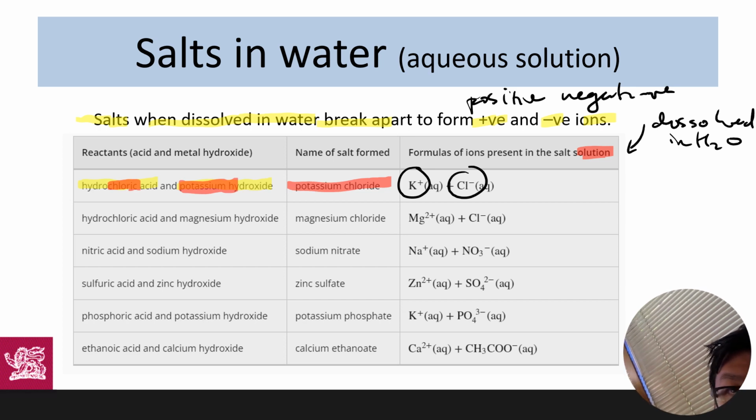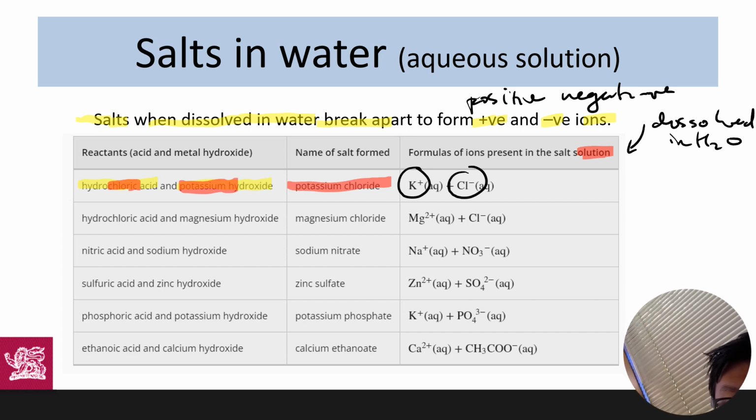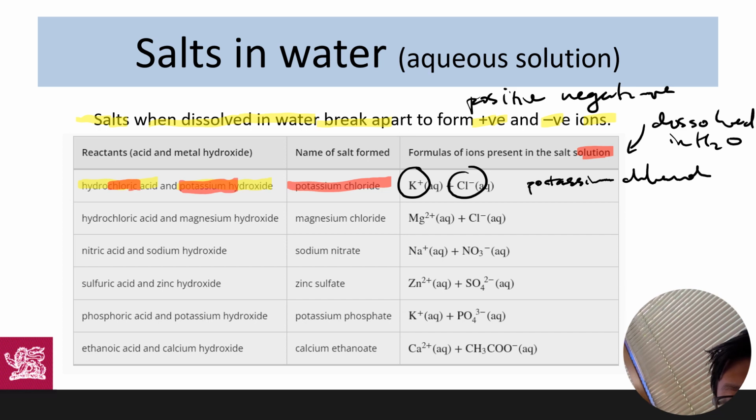It's not until you evaporate all of the water that they will combine back together to make potassium chloride, or KCl.